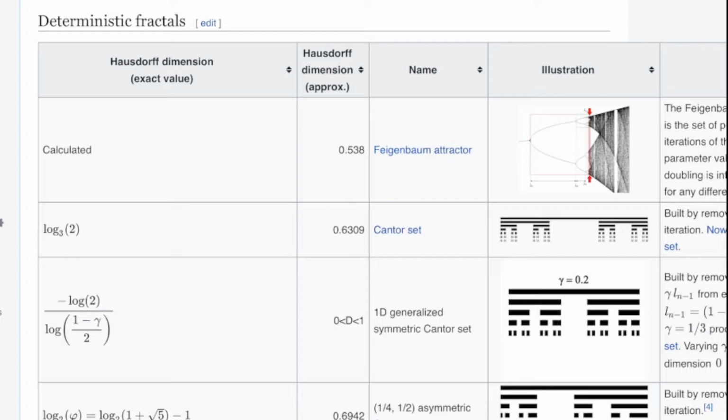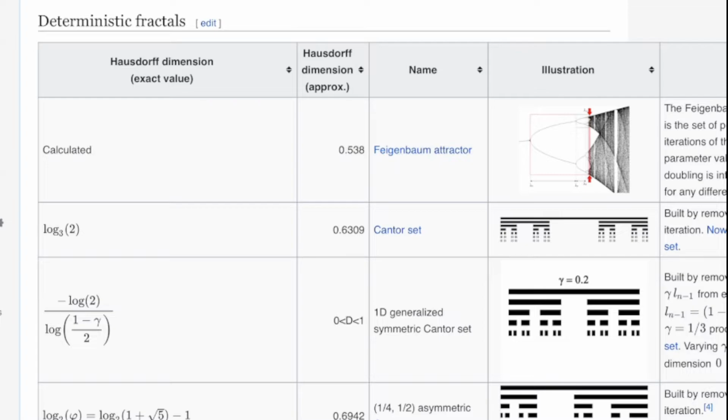So this picture here is removing the middle fifth. That gamma equals 0.2 means gamma is the size of the part in the middle that you cut out. And actually there's a formula. This here is the formula for the dimension of the resulting thing based on gamma. So you could plug in gamma equals a third, you get this, but in more generality, it's that formula. I think that's kind of cute.